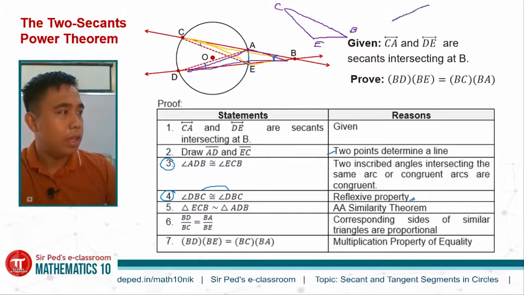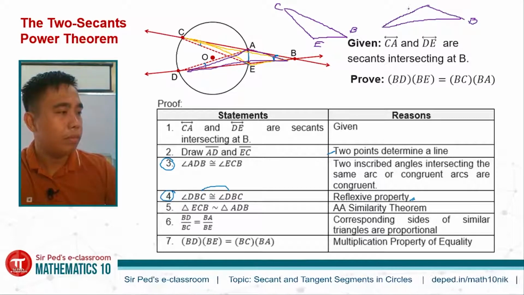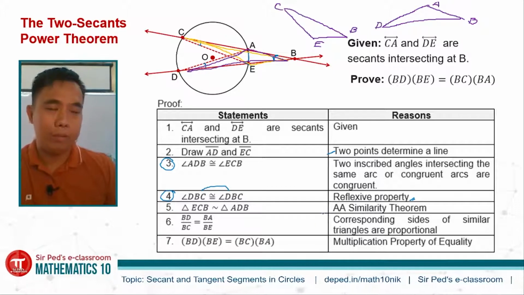That is our triangle ADB, by the AA similarity theorem.